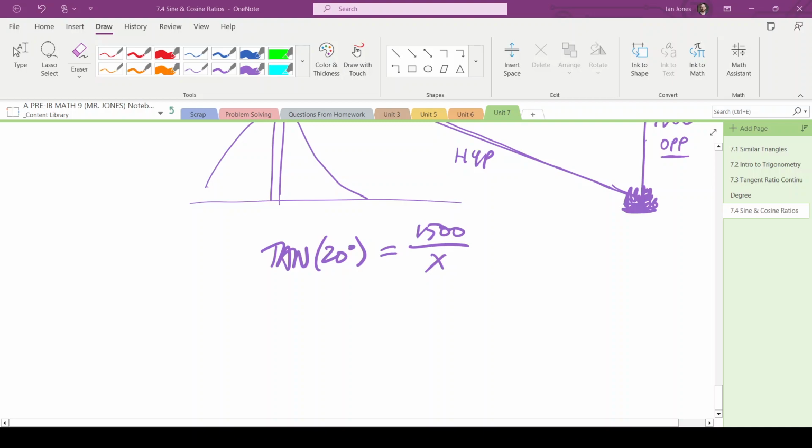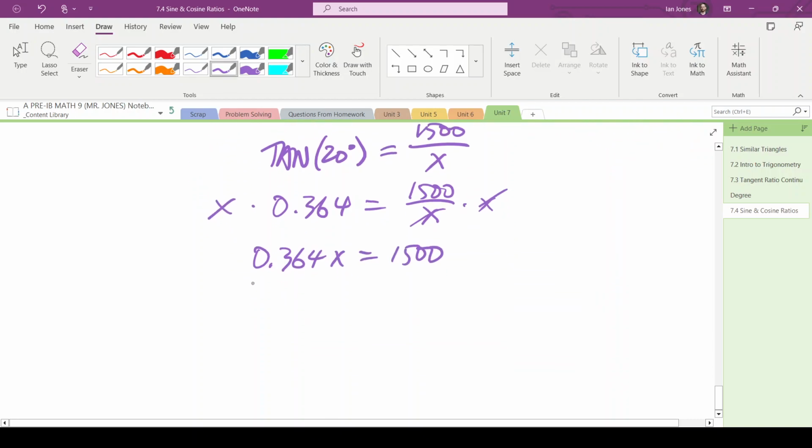Tangent of 20, I'm pulling up my calculator. Trigonometry tangent, I get 0.364 equals 1,500 over x. I'm going to multiply both sides by x. That gives me 0.364x equals 1,500.